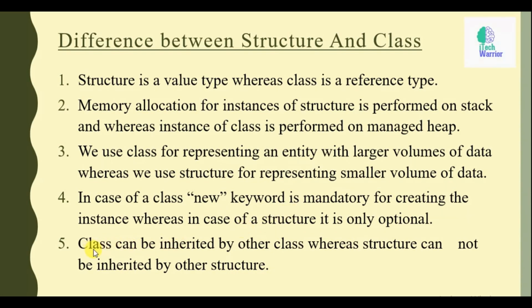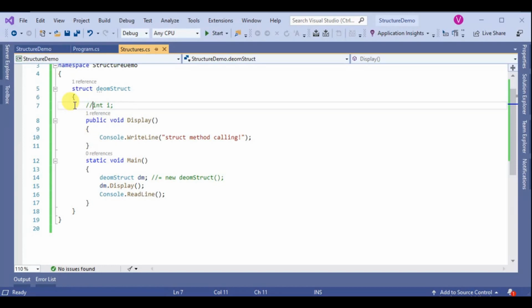In the fifth point, a class can be inherited by another class, whereas a structure cannot be inherited by another structure. Let's do it practically.